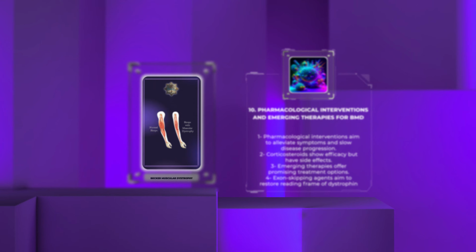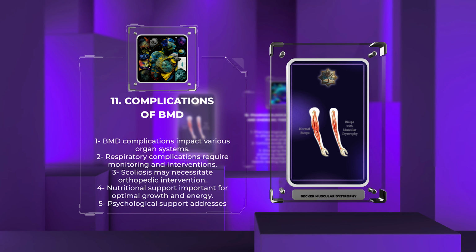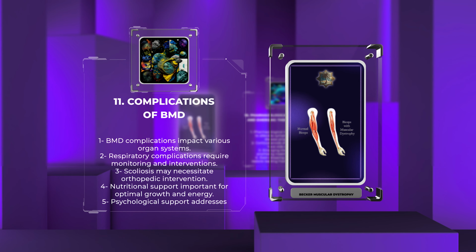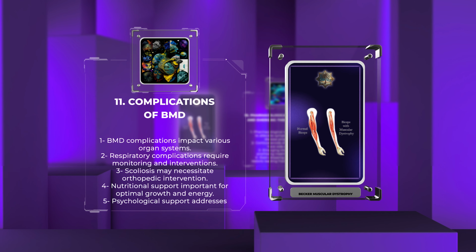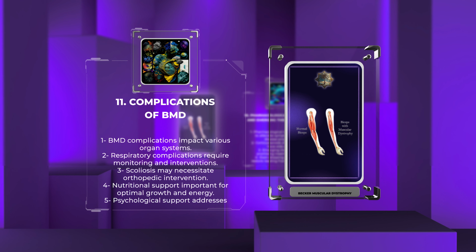Complications arising from BMD impact various organ systems and contribute to the morbidity associated with the disease. Respiratory complications, such as ineffective cough, recurrent chest infections, and respiratory failure, necessitate careful monitoring of pulmonary function and the timely initiation of interventions such as non-invasive ventilation or tracheostomy.